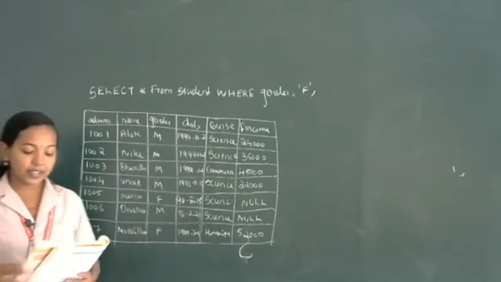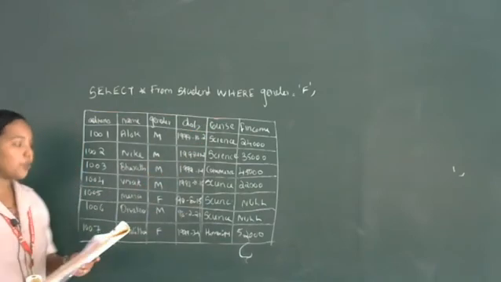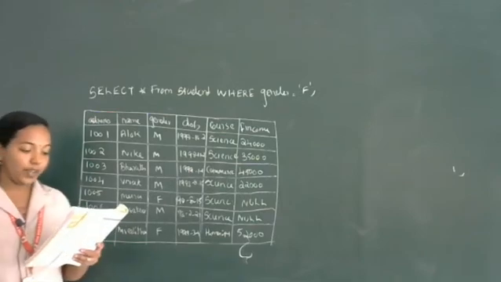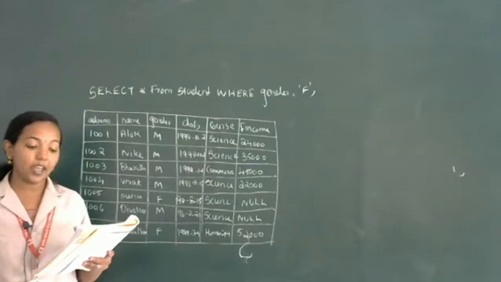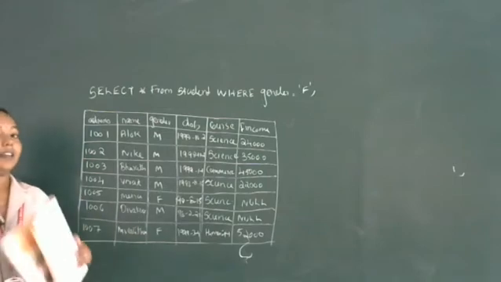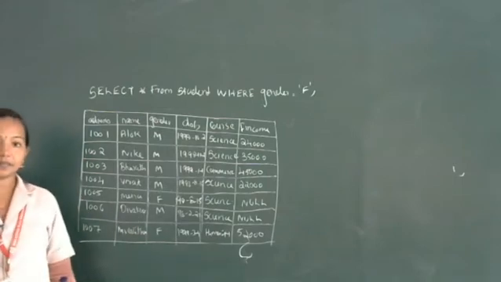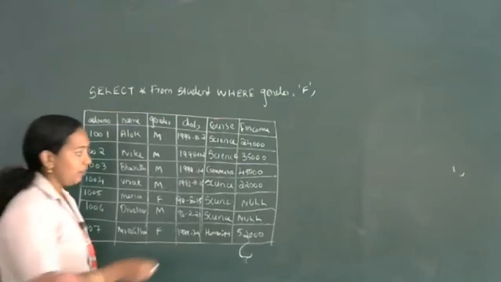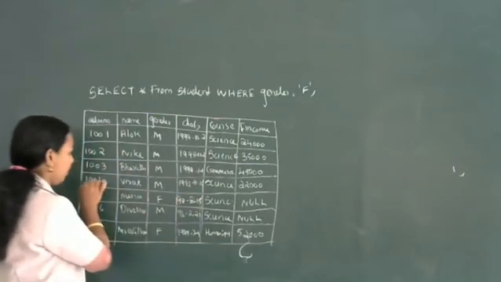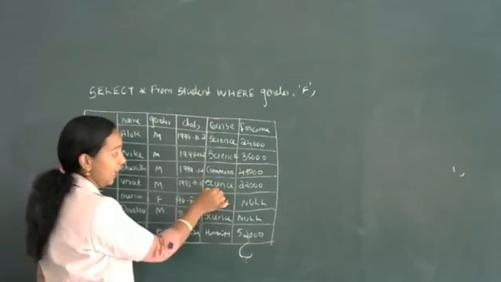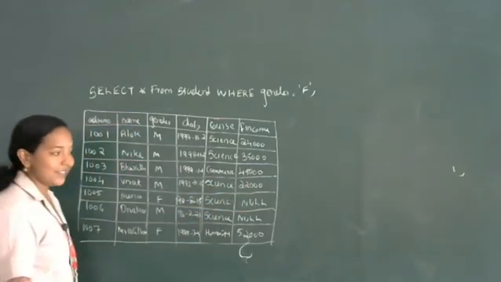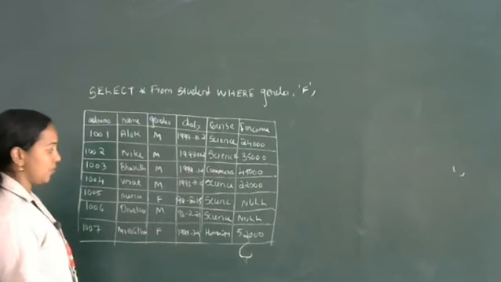Then the next condition: you want to select the students whose course is equal to science and family income less than 25,000. Look here, 1004 Virat, male, belongs to the science batch, but family income is less than 24,000.